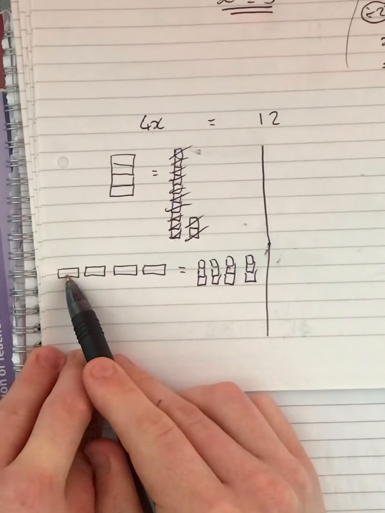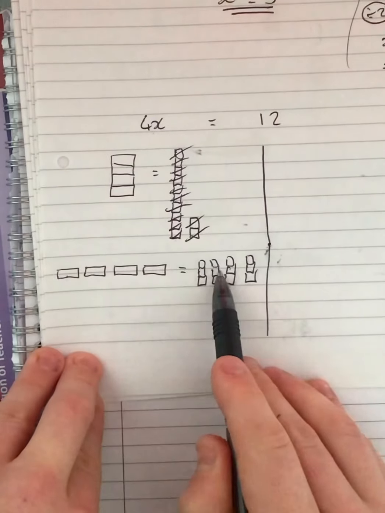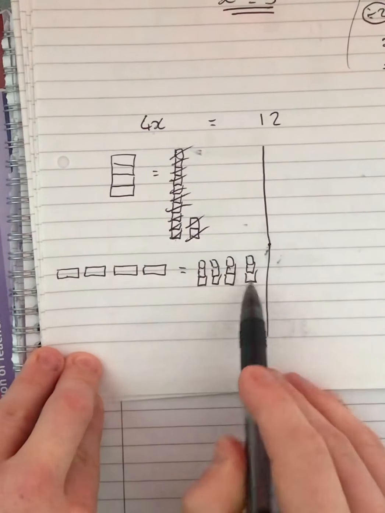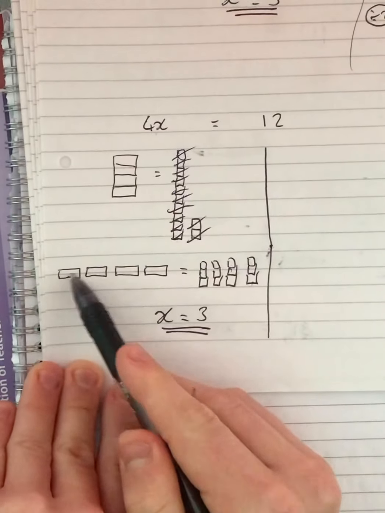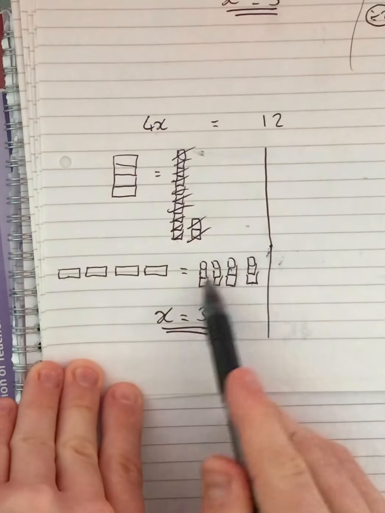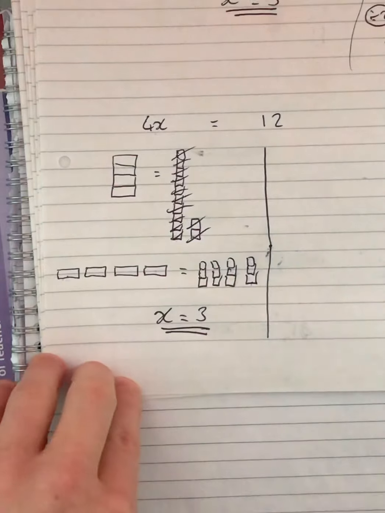Each of these x's is equal to 3 of the units, because each of these groups has got 1x in it, and each of these groups have got 3 units in it.